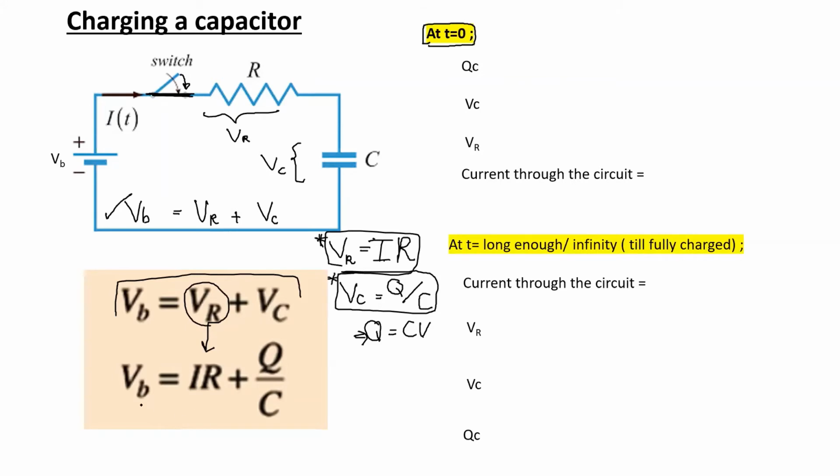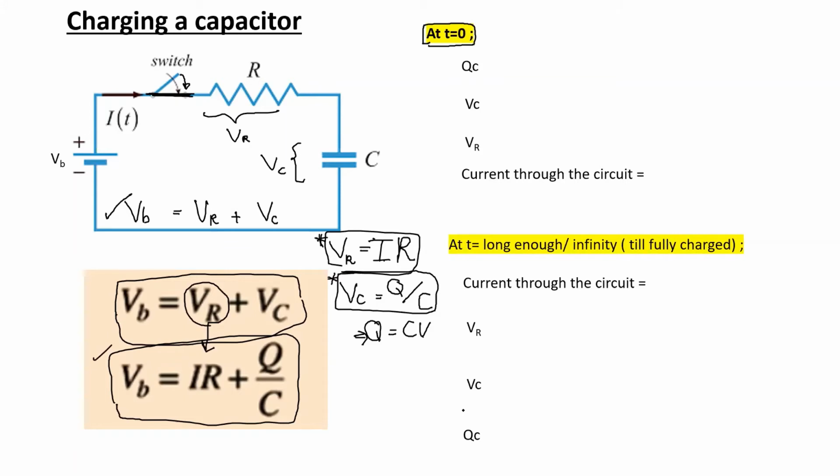So in this equation, what I have done is I have replaced VR with IR and voltage across capacitor by Q over C. So are we okay with this equation as well? If we know these two equations, it's easy to do any problem. So are we okay with this?